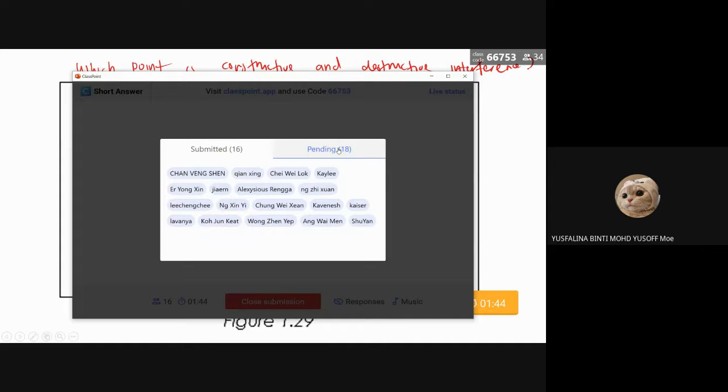Constructive is when crest meets crest or trough meets trough, while destructive is when crest meets trough.